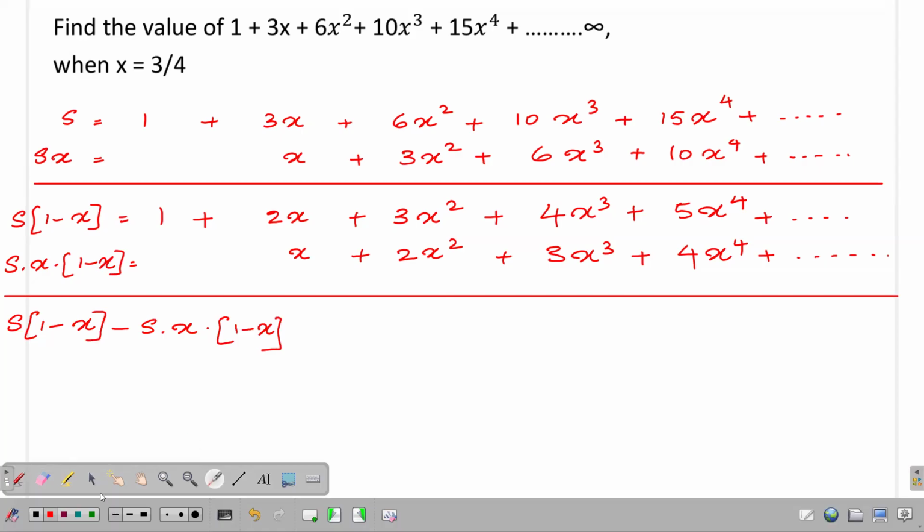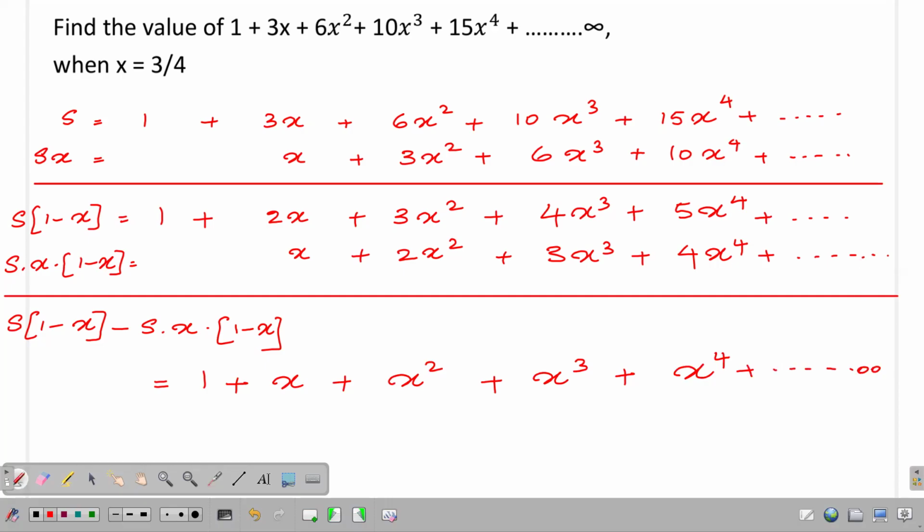I can see that here 1 will remain as 1 only, plus, see the magic here, 2x minus x, that is equal to x, plus 3x square minus 2x square, what is that? X square, plus 4x cube minus 3x cube, that is nothing but x cube. Don't you see the pattern here? Plus x power 4 plus etc.